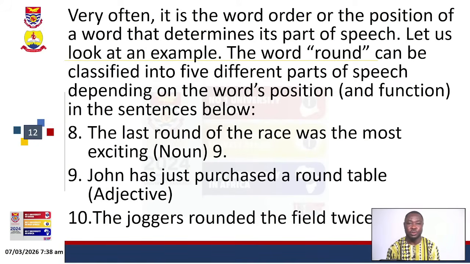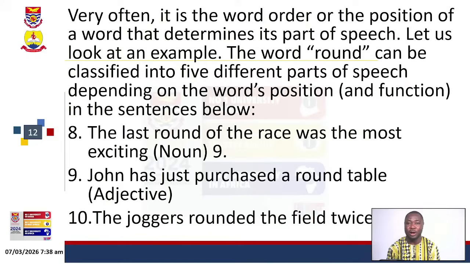Very often also, it is the word order or the position of a word that determines its part of speech. Okay? You would want to know what class or what part of speech a particular word belongs to. It is the order or the position of the word that determines such. Now let's look at some examples.